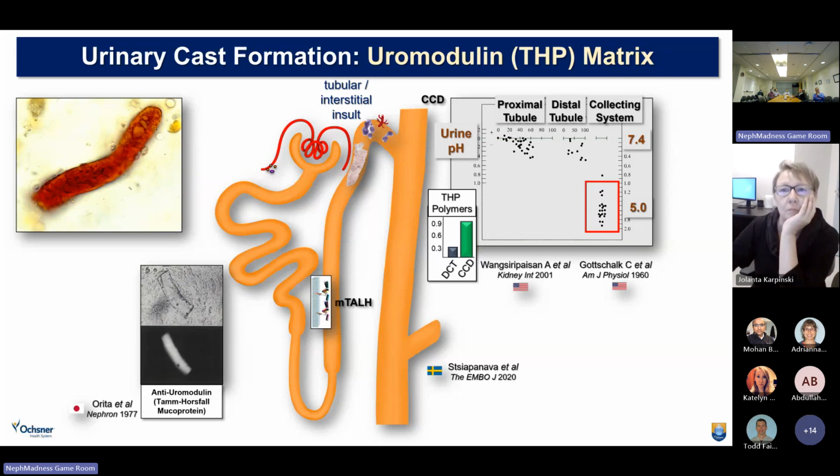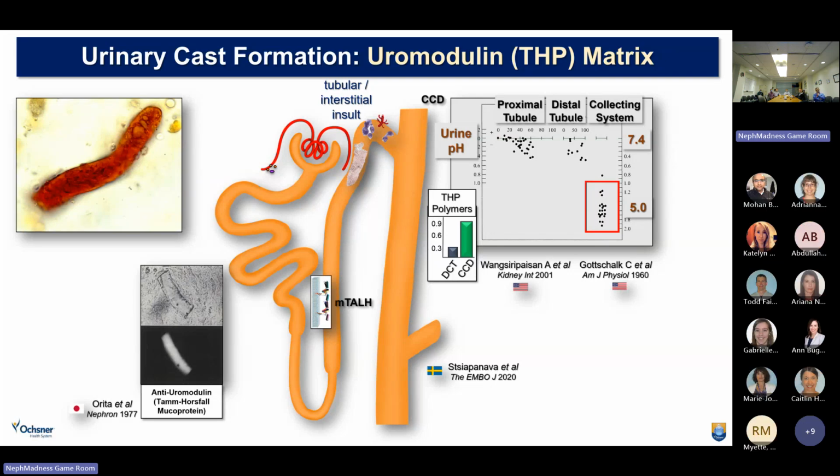And if you have a tubular or interstitial insult, cell debris or proteins are going to get into the cast and form granular casts or renal tubular epithelial cell casts.